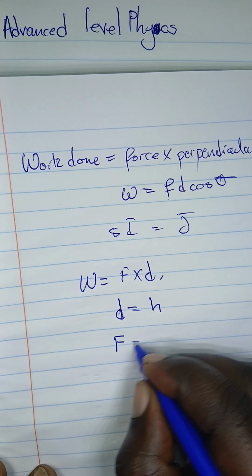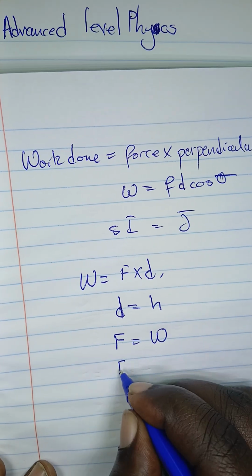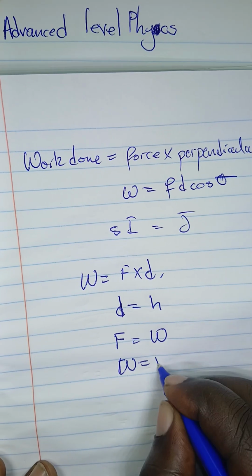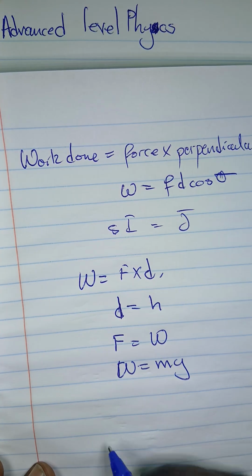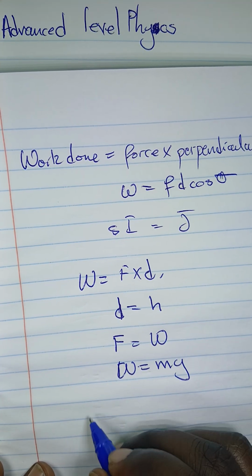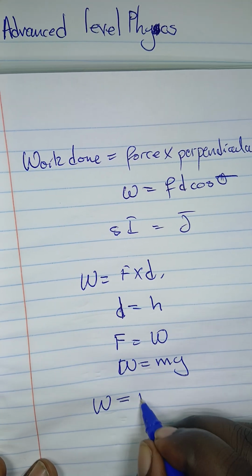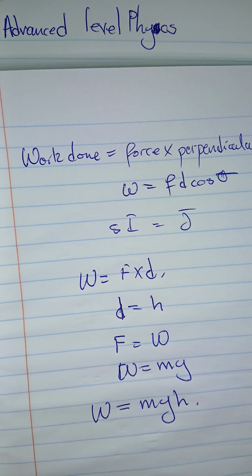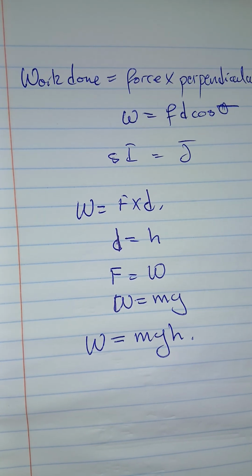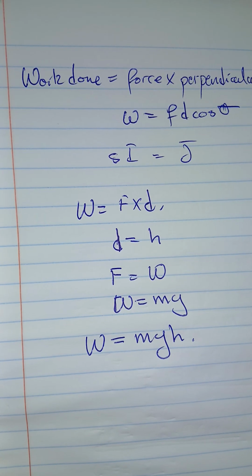Force is going to be equal to weight, so weight is equal to mg. So we substitute: work done is equal to mgh. So that's the formula for work done for objects near Earth. So let's move on.